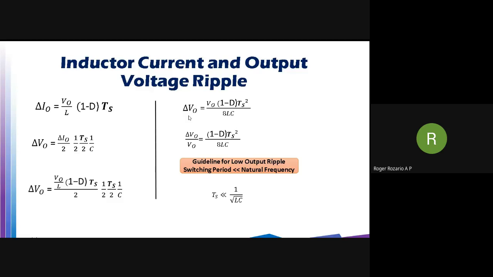Ts should be less than root of LC. That is what we derived while considering the ripple in the output current. Now for the ripple in the output voltage, the switching period Ts should be less than the natural frequency, 1 by root of LC.